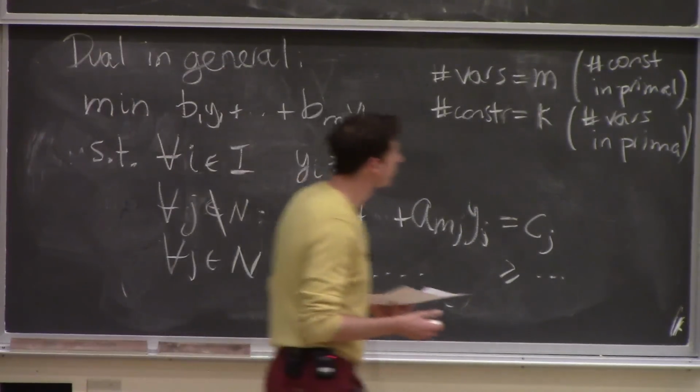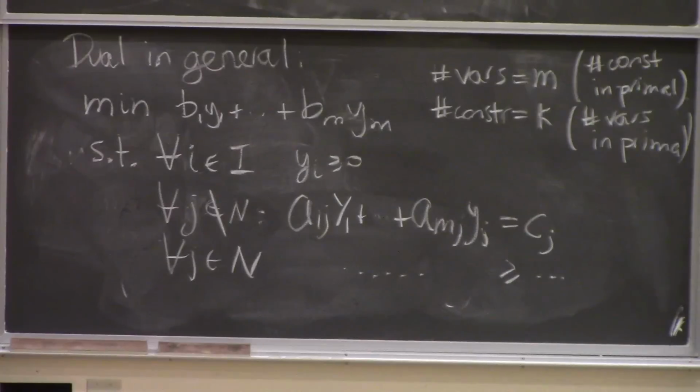Sure. The question is, why do we care whether a certain variable is constrained to be non-negative when I set this equality? Let's look at this example here where we had 2 and 4.